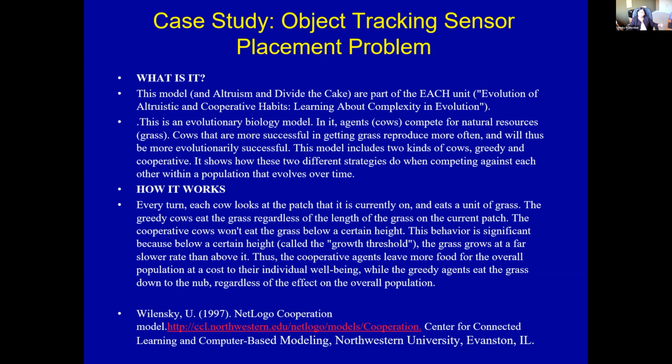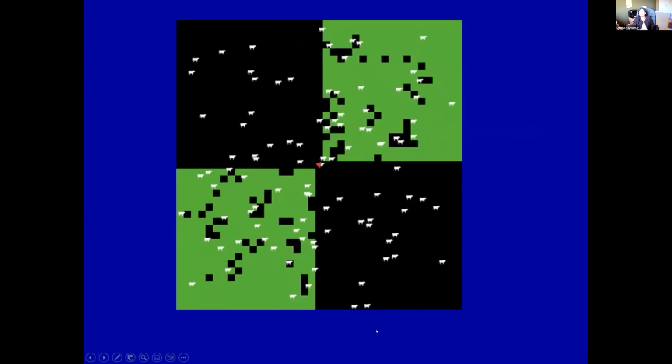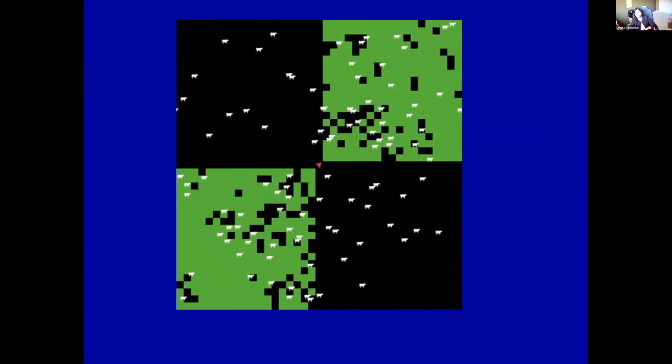The cows change their position. So I took this example as a sensor placement example, and I'm going to show you the simulation of cows. There are green patches, and as the cows age, the patches disappear and the cows change position. My aim is to find how many cows I can measure by sensors. I'm going to put two sensors, and my aim is to find how many cows within the circle of the sensor's radius it can measure.